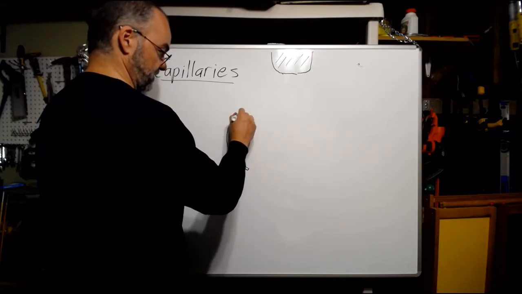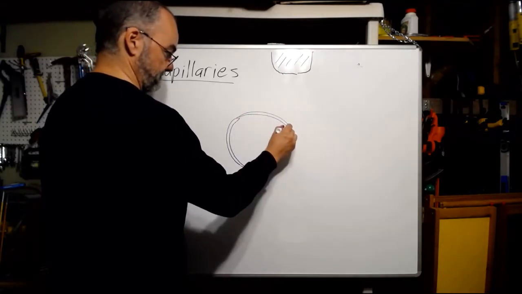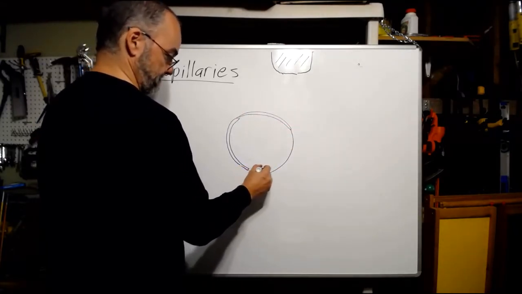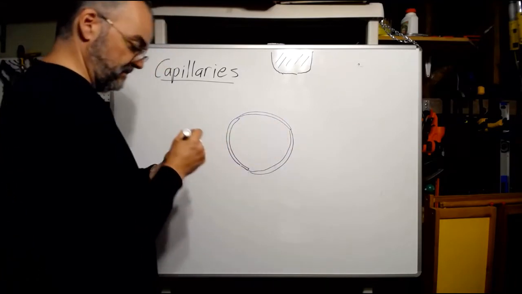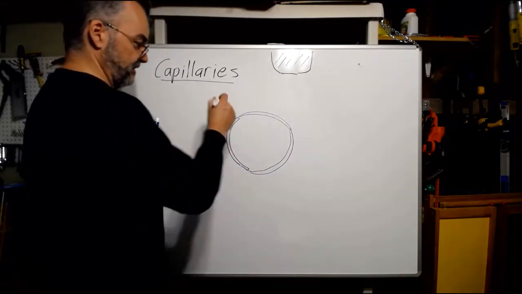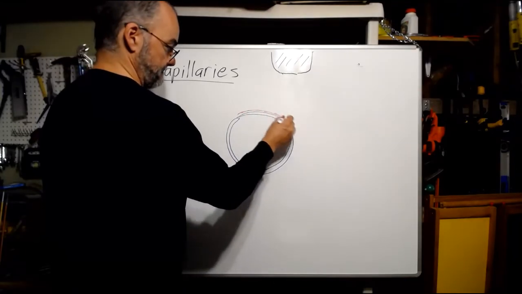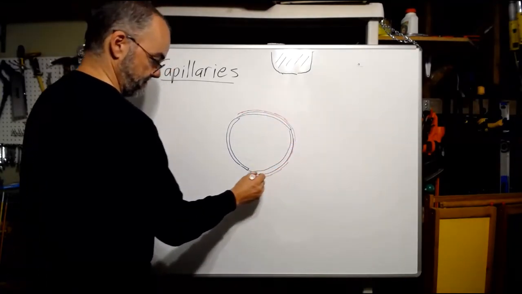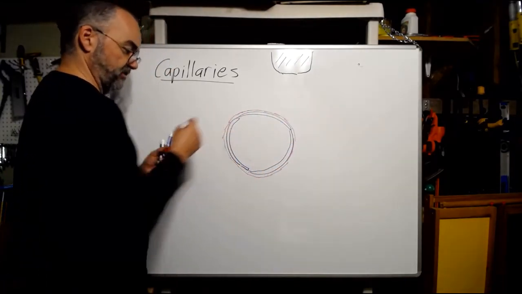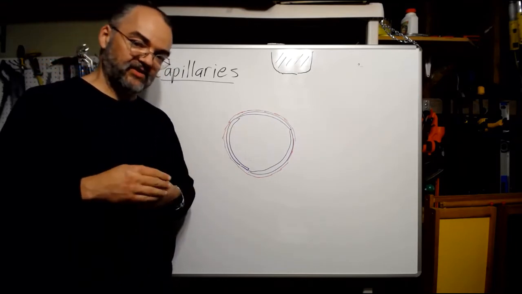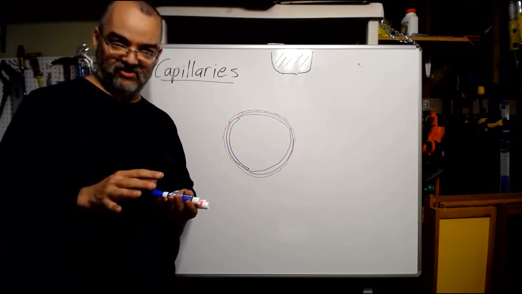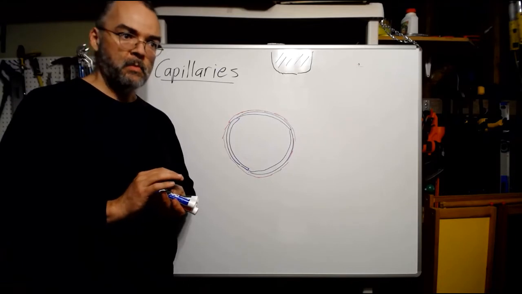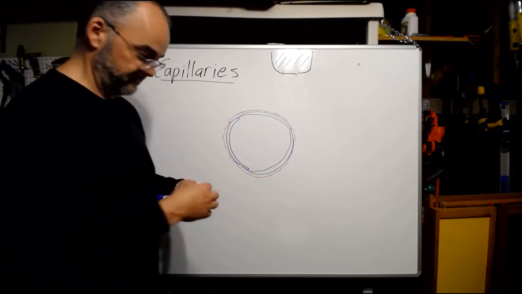So here's our endothelial cells. And our basal lamina around it. Now, as we mentioned, capillaries are usually less than 10 microns across. Usually we're talking 5 to 10 micrometers across.